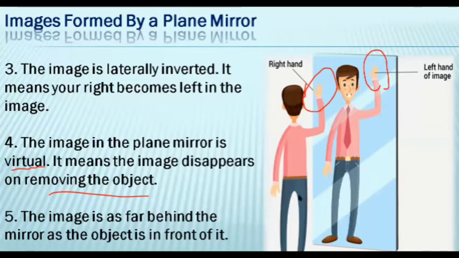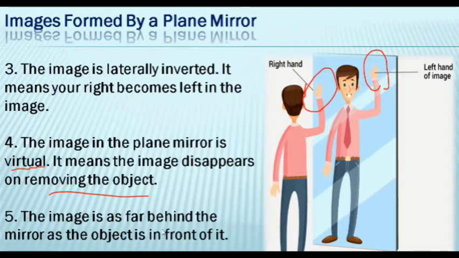Your image is formed at the back of the mirror, on the other side of the mirror, not on the same side where the object is standing, and it disappears when we remove the object. That's why it is called a virtual image. The opposite is a real image, which we can take on a screen.